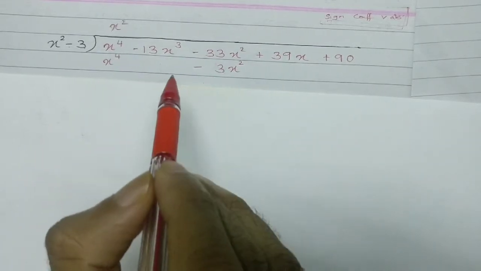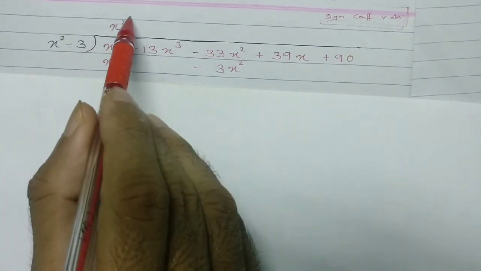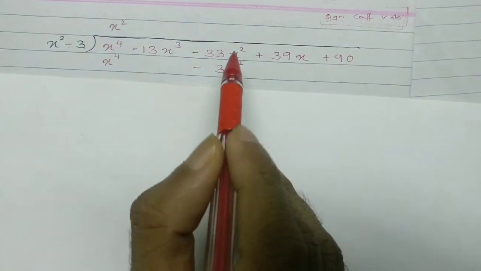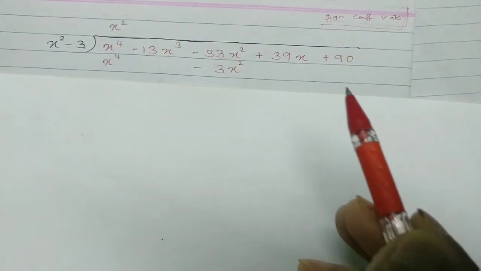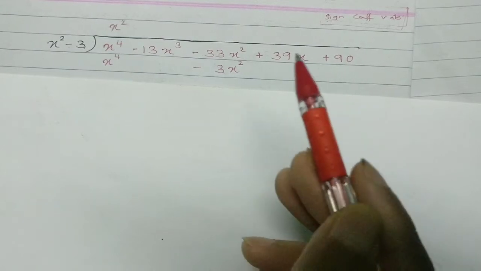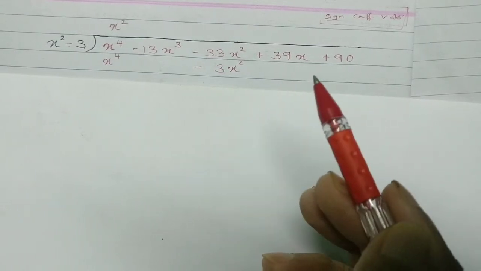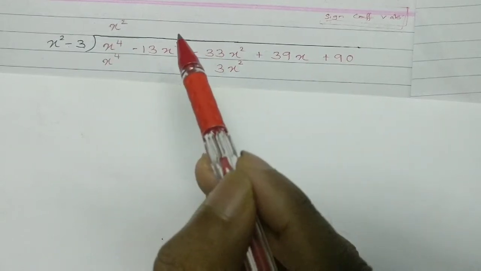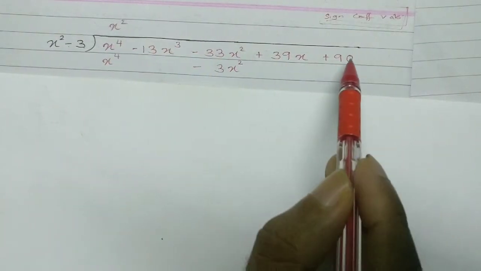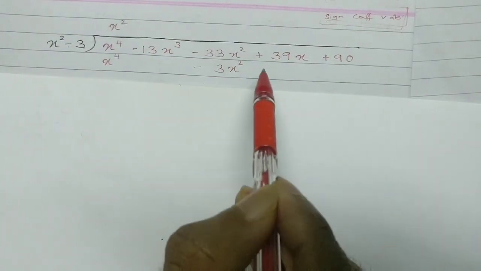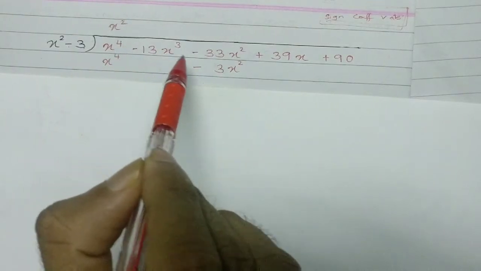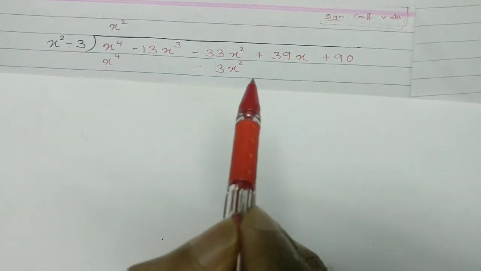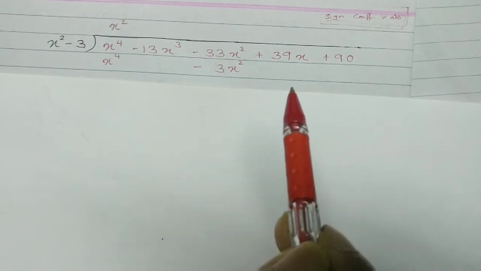Most of the time students make a mistake writing an x square term over here or anywhere else. Write it where it is supposed to be. To remember, whenever you go for a drama or a movie, there's always a VIP seat kept. Whoever VIP comes will go and sit wherever the place is, not anywhere else. I know it's a stupid example, but you can remember it in this form.